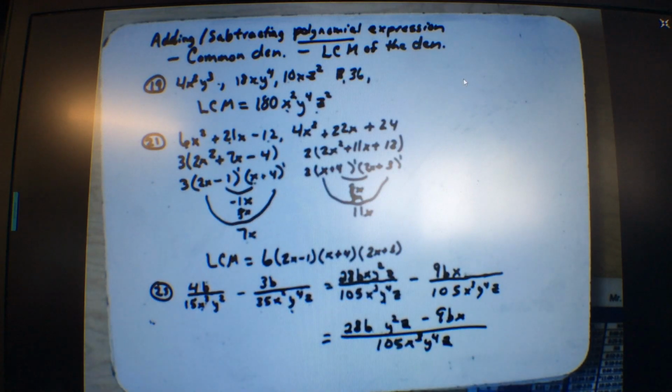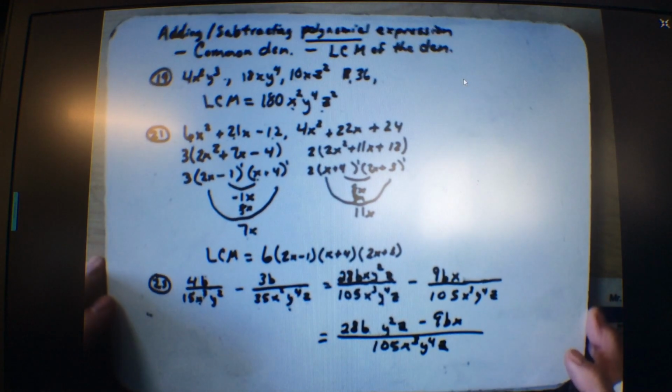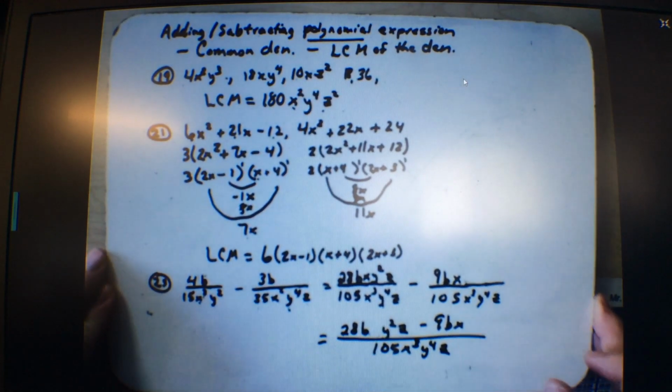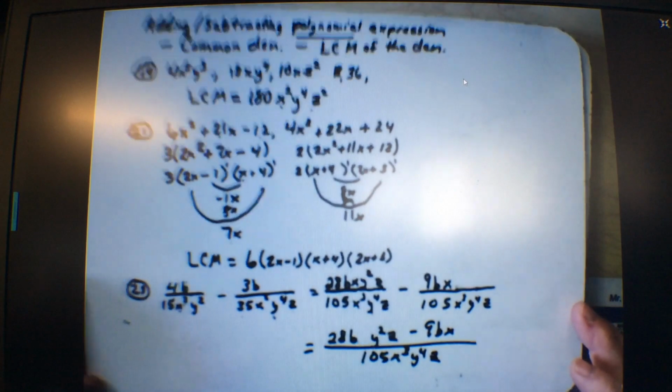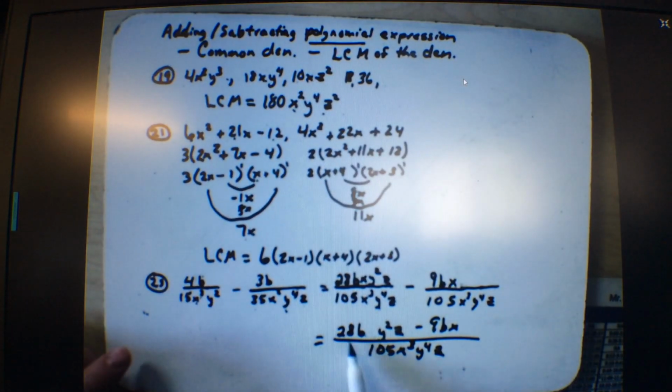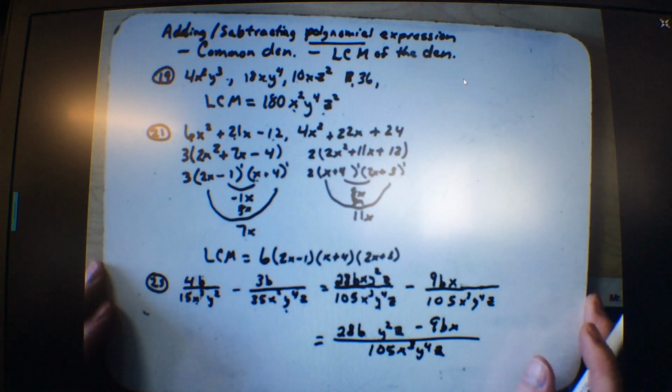Oh, I see. Okay, sorry. I have trouble reading it too, this old fat marker. All right, any questions on that? That's really confusing. Sure it is. So it should be 105x what? It should be 28b y squared z. Okay. I understand what you're saying.